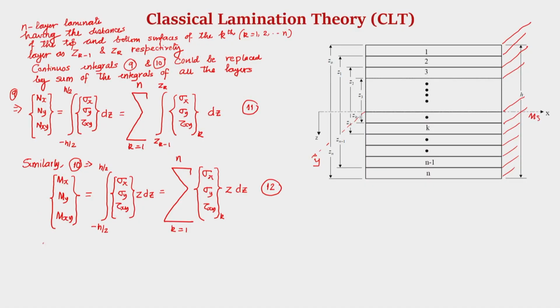Of course, these 6 equations in 11 and 12 represent the stresses in the laminate with tau x z equal to 0, tau y z equal to 0, sigma z equal to 0.